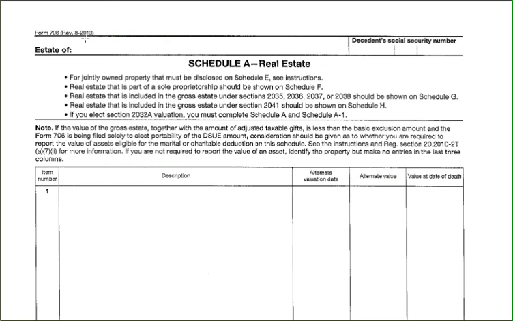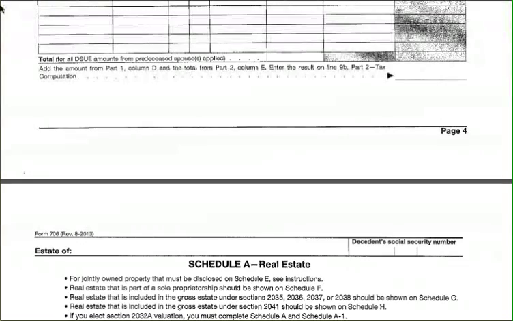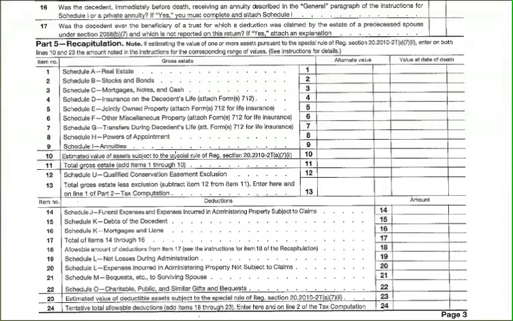Now, let's go back to the recapitulation, which should be at the bottom of page 3. Part 5, here we are. Again, you'll see these schedules A through I, and if you add all of these amounts together, as I mentioned before, these are the amounts that are considered the total gross estate.